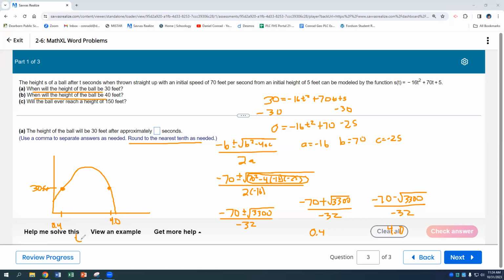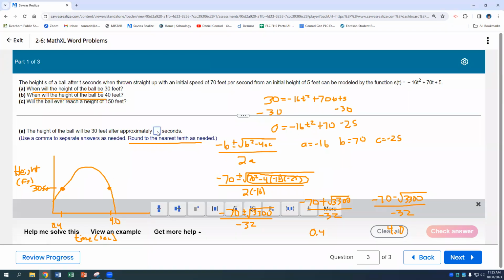So this is time in seconds, and this is height in feet. Okay, so it makes sense that there's two answers here. One on the way up, one on the way down. We're rounding to the tenths place, which is 1 decimal. Okay, so 0.4 comma 4.0.